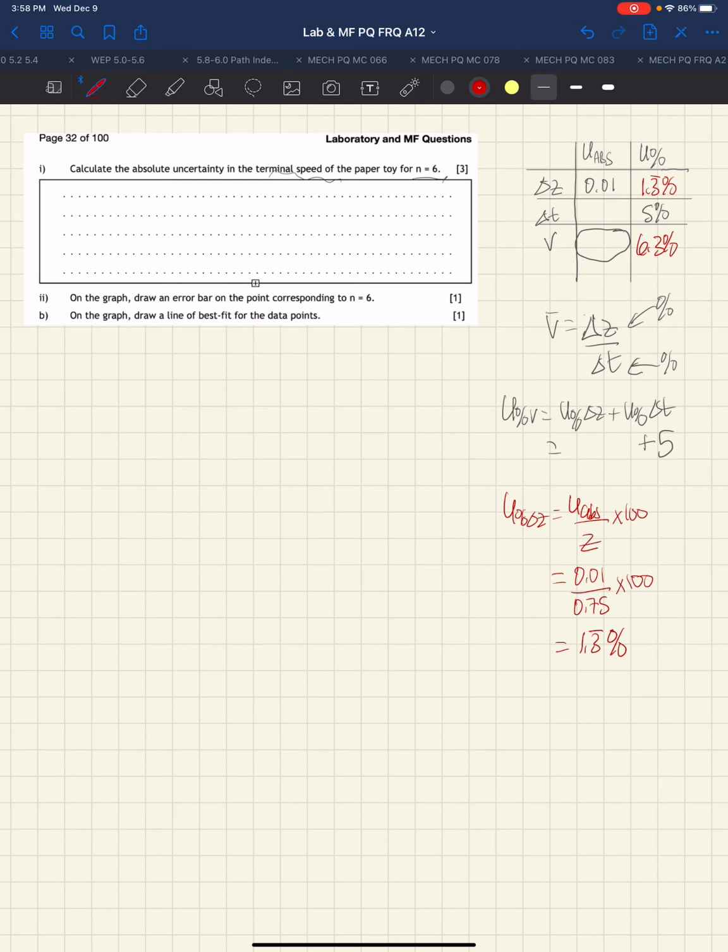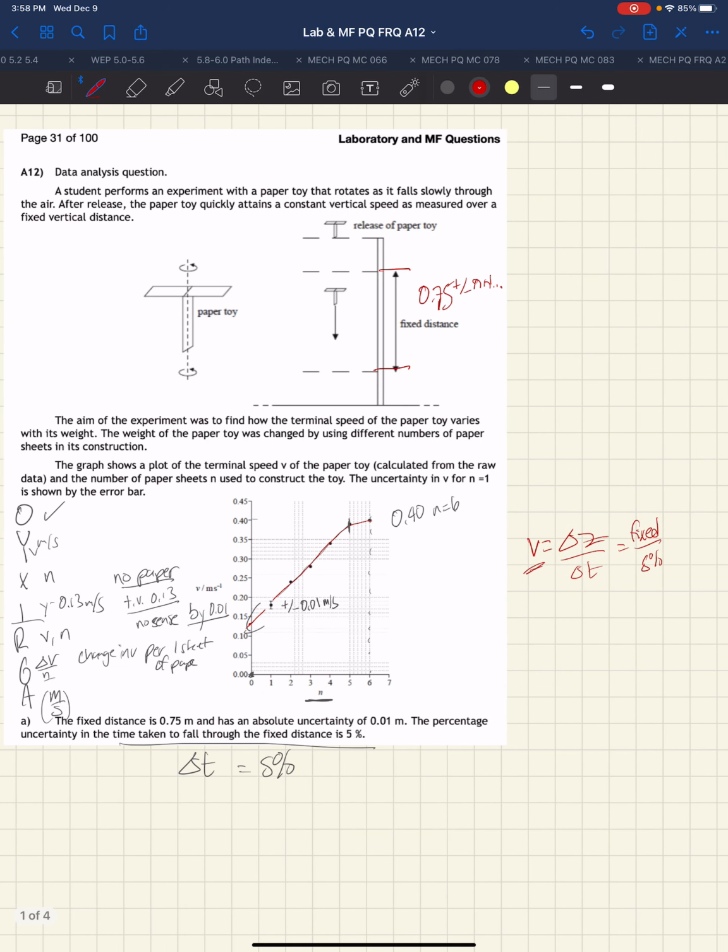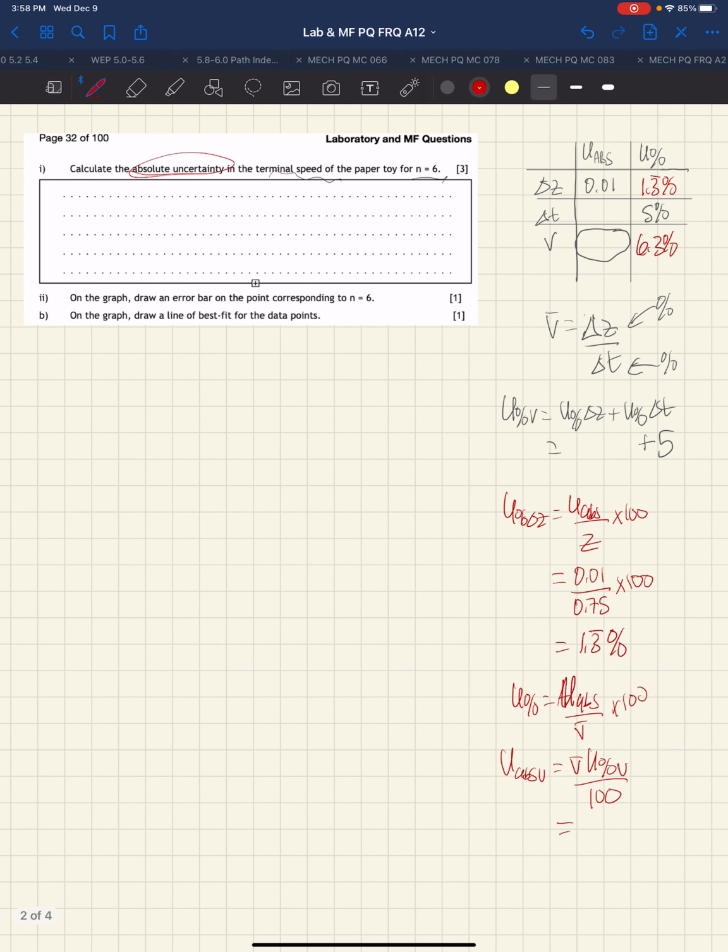But that doesn't give us the absolute uncertainty, and we need the absolute uncertainty. The absolute uncertainty is related to the percent uncertainty over the value of velocity times 100. What we're looking for is the U absolute. So the U absolute of the velocity is the value of the velocity times the percent uncertainty in the velocity divided by 100. The average velocity we found previously is 0.40.